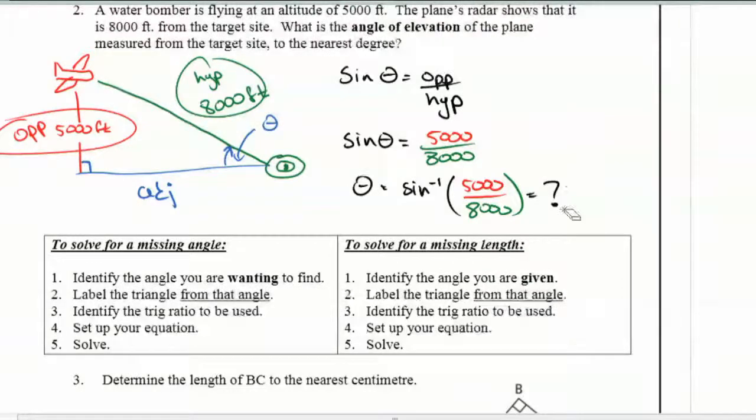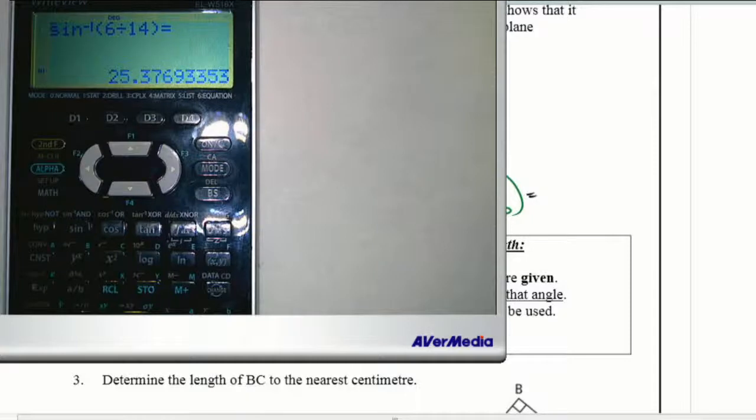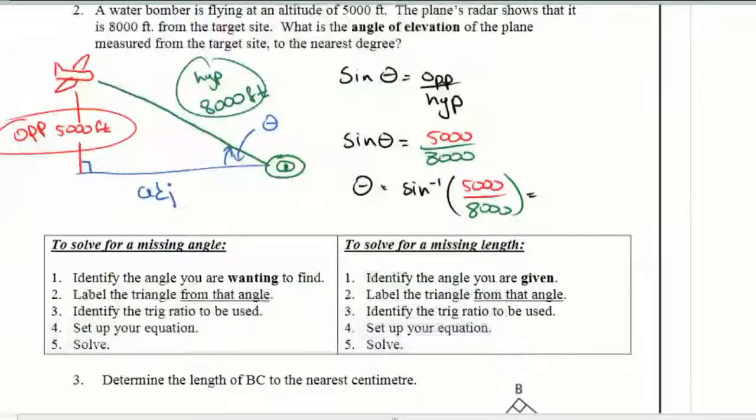So again, depending on your calculator, you might have to do this one of two ways. If I take 5,000 divided by 8,000, I end up with a decimal, 0.625. So that's the ratio of those two sides. I can then go inverse sine, and my calculator has this fancy little answer button. So that takes the previously entered answer, and then I just hit equals, and I get 38.68 degrees, or 38.7 degrees.